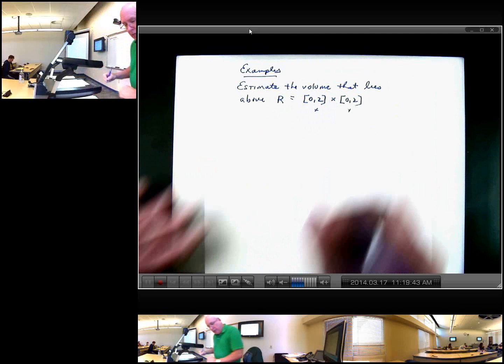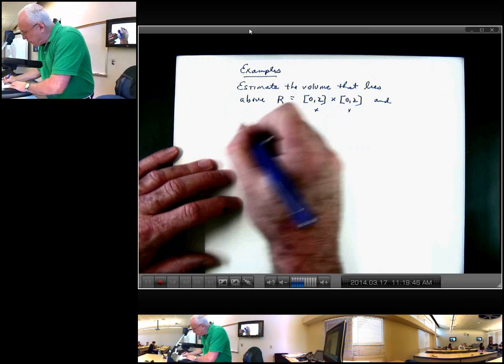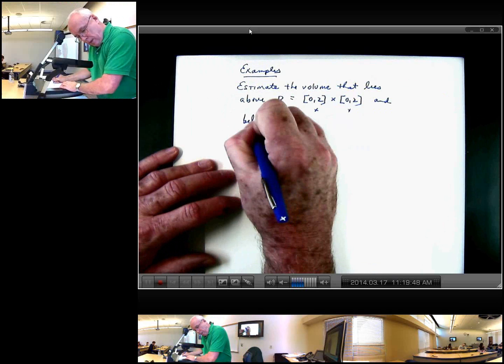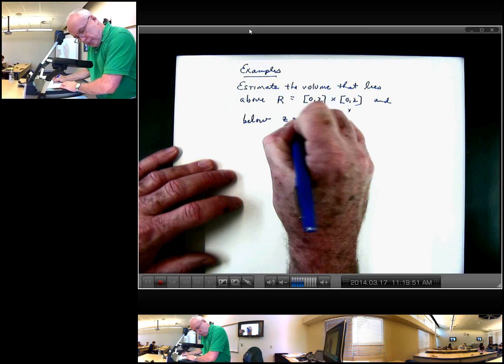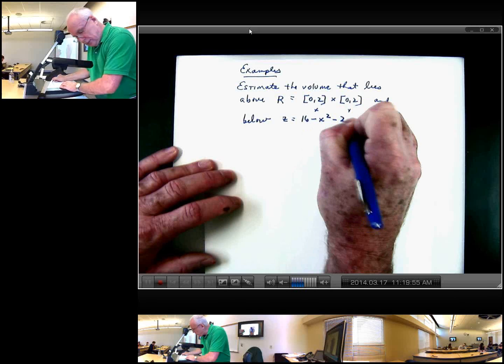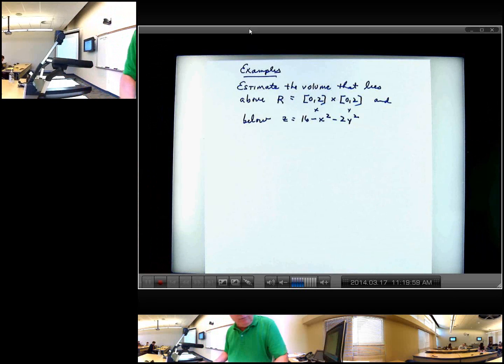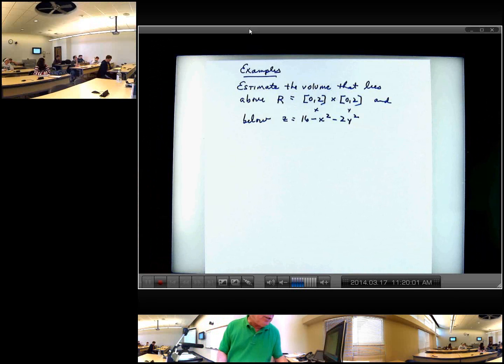That's our rectangle. And below z equaling 16 minus x squared minus 2y squared. Let me just show you what we're talking about here.